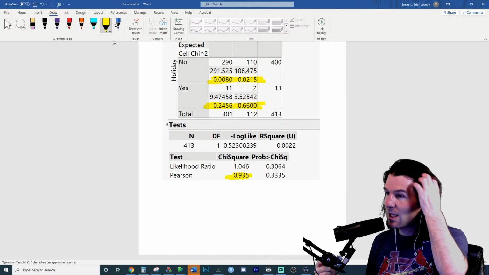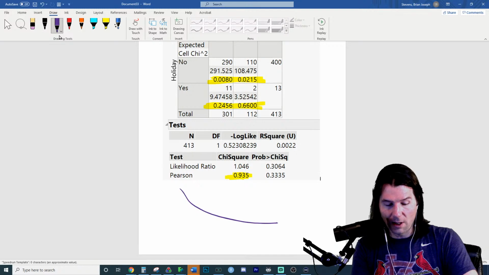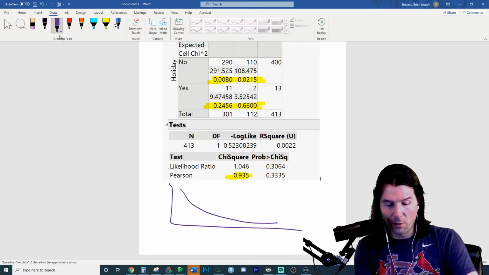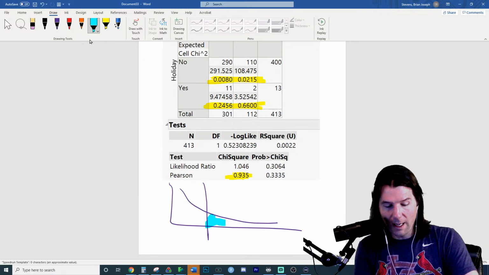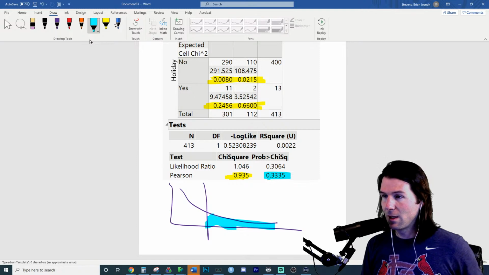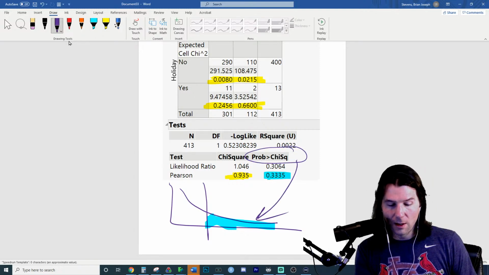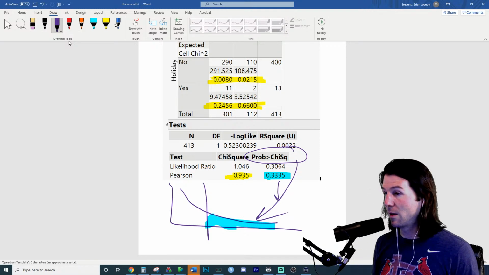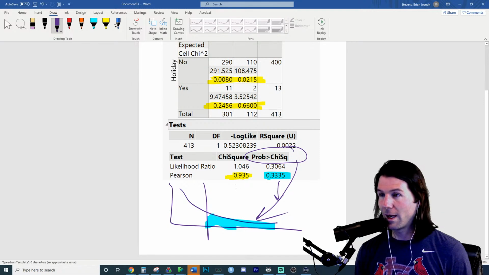But we then need to take this chi-squared and plot it on the chi-squared distribution, and it would look something like this, where we have 33.35% shaded. That is the p-value, the area shaded on the curve, with a chi-squared with 1 degree of freedom.